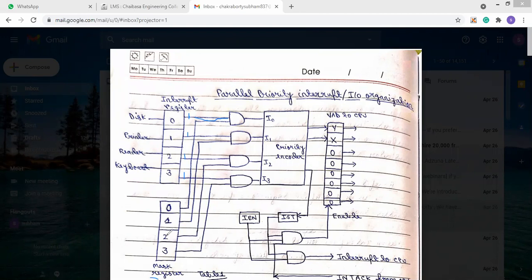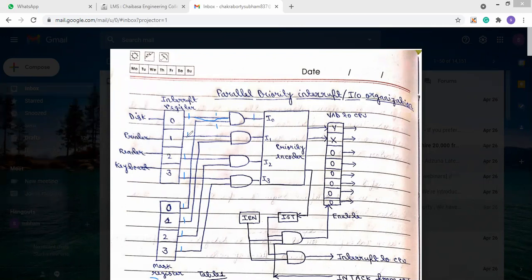The mask value is sent to the AND gate. Initially the mask register's value is 1, so all the mask register values are 1 and are sent to the AND gate. So in the AND gate the operation will be 1 and 1, and the output will be 1.